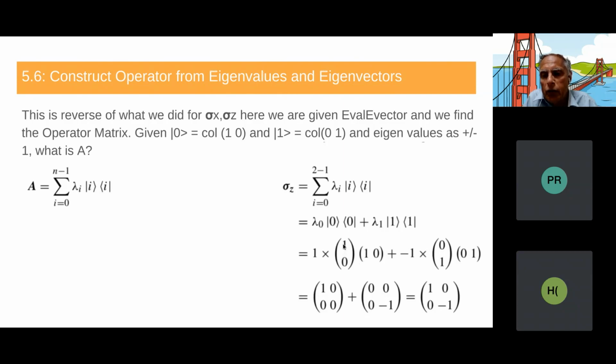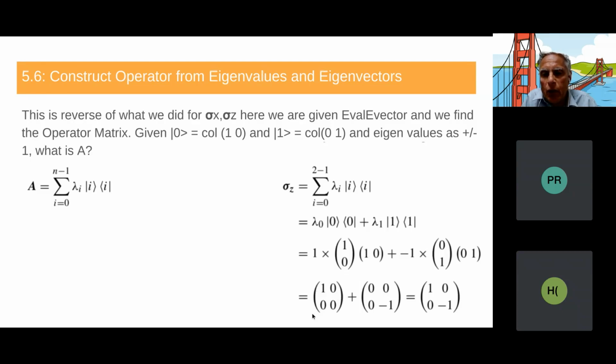Not identity, sorry, 1 into 1 plus 0 into 0. So you got 1 into 1 1, and 0 into 0 0, and then we are getting 1 into 1 plus 0.